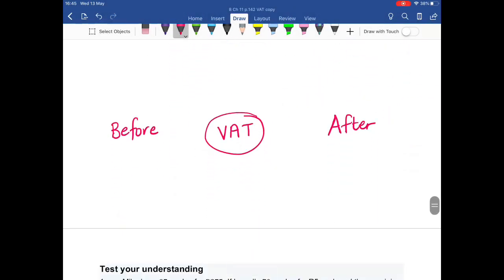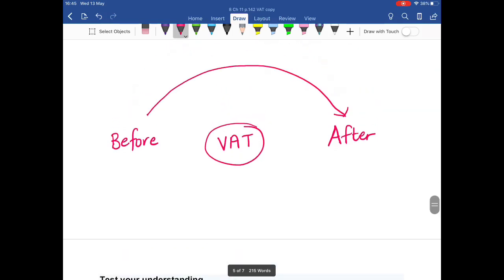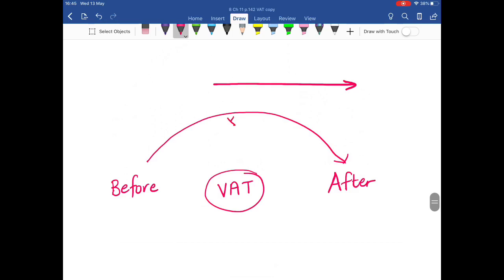Right, I need to show you this little diagram. So my price before VAT, if I go before VAT to after VAT, I am increasing. Remember, we look at a ruler again. I'm increasing. So I'm going to multiply by 1 plus i. And remember, i equals 15 over 100, or 15%.